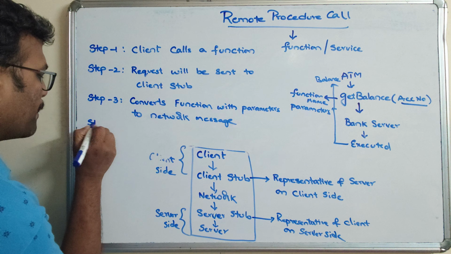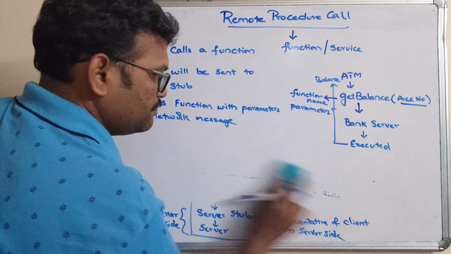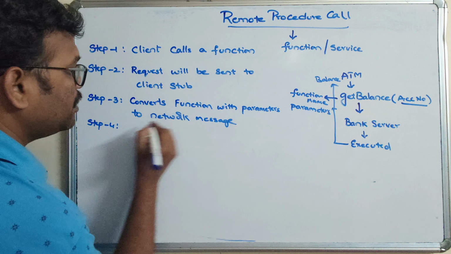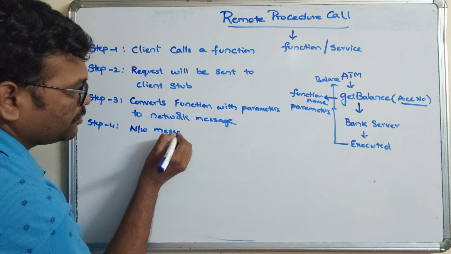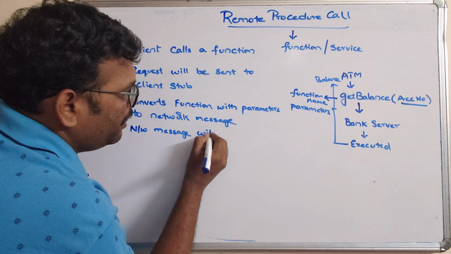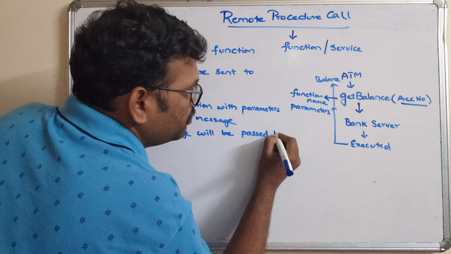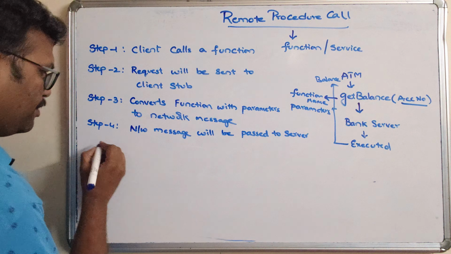Next, step 4. Now the network message will be passed to the server. That means it is transmitted to the server.